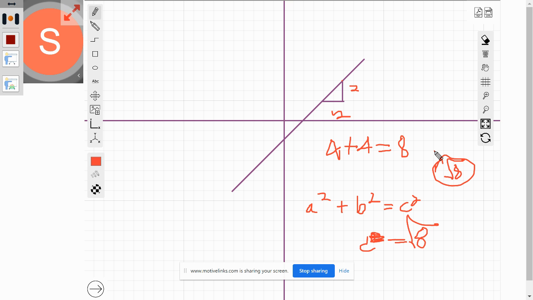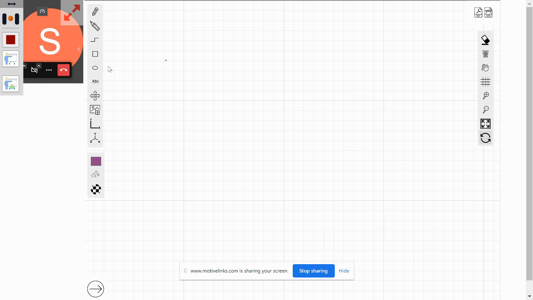So now let's move on to the final and most important part. This is really common, so like a lot of tests and stuff like that. So let's take a line. Let's get a coordinate.